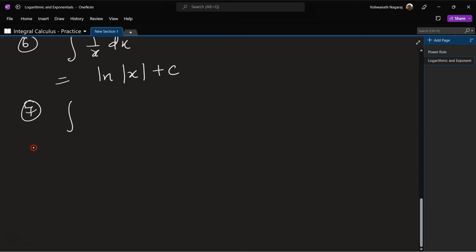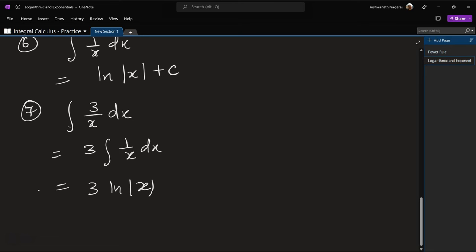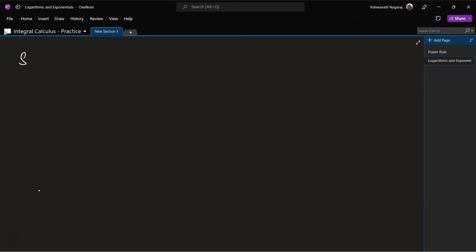Seventh one. Now, instead of giving it as a negative exponent, it might be given as 3 by x dx. So 3 integral of 1 by x dx. Okay, so this would be equal to 3 natural log of absolute value of x plus c. Okay, 8th one, integral of minus 3 by x dx.